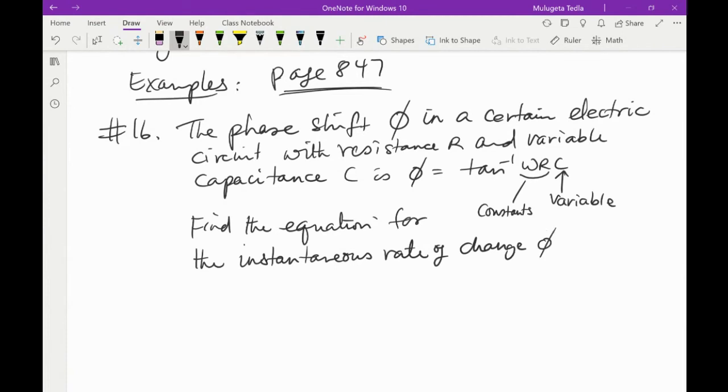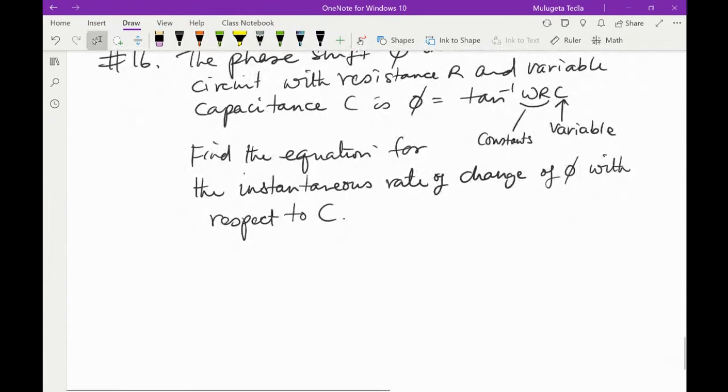It's a lot of writing, but the question is no big deal, of phi with respect to C. You know what instantaneous rate means. What do you think of when they ask you instantaneous rate in mathematics or in calculus?